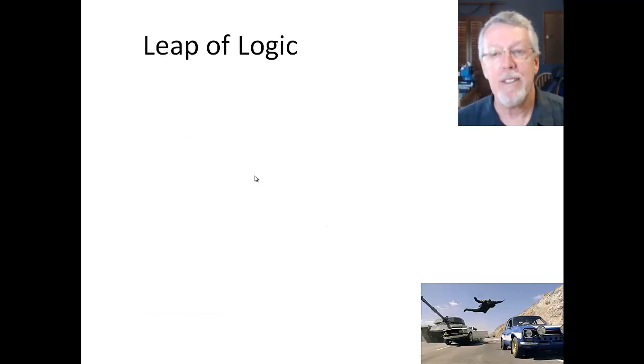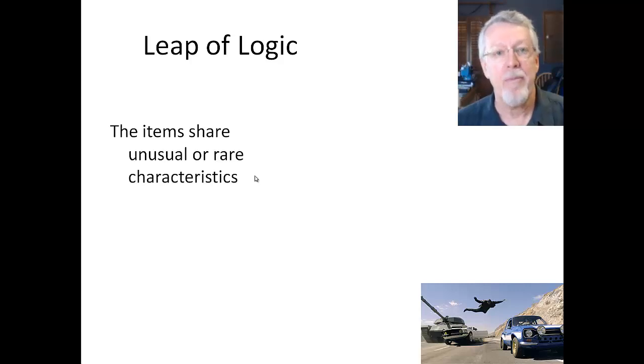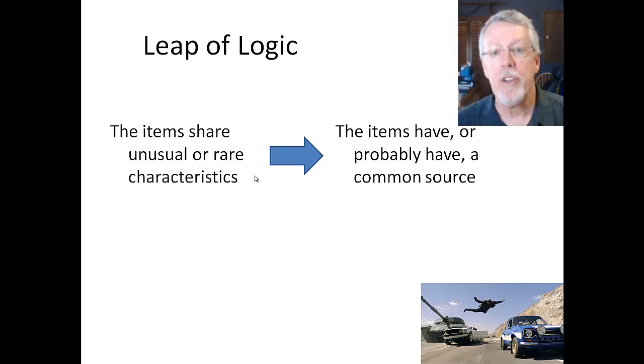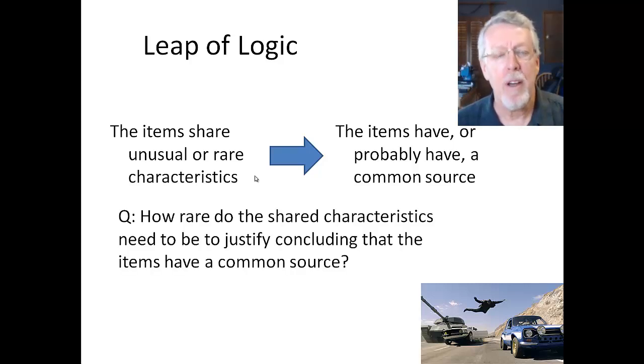Another problem with these categorical reporting categories is that they require a certain leap of logic that can be problematic. The examiner has to go from the observation that the items share unusual or rare characteristics to the conclusion that the items have, or probably have, a common source. How does one make that logical leap?